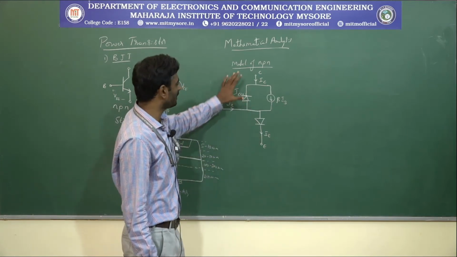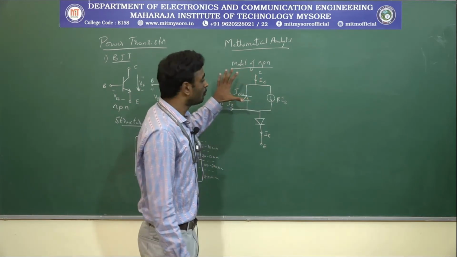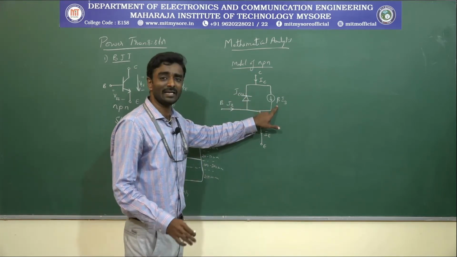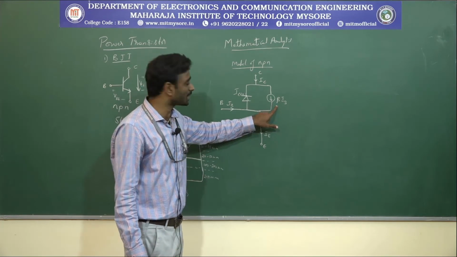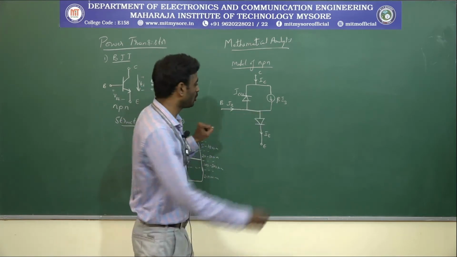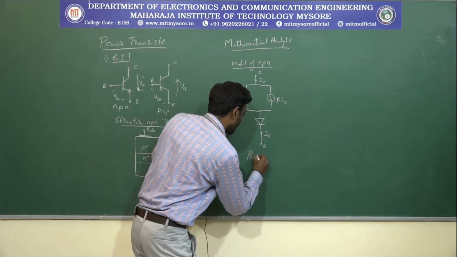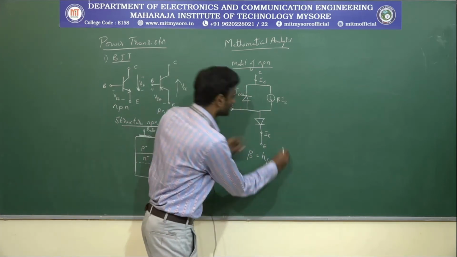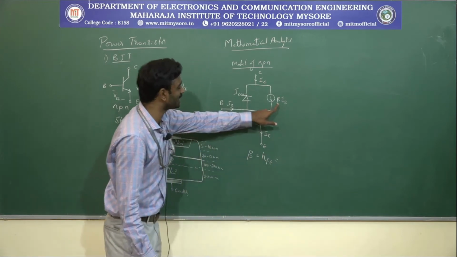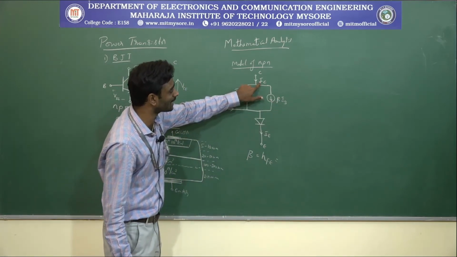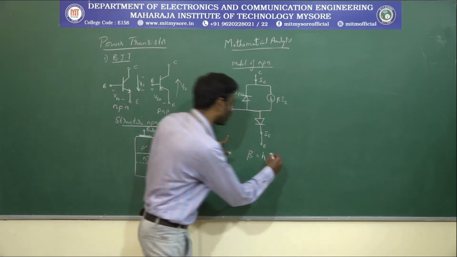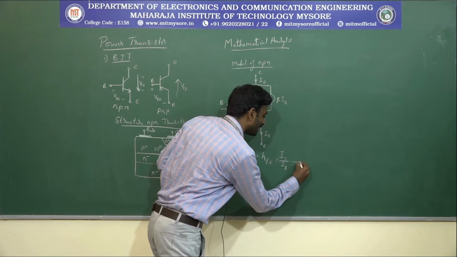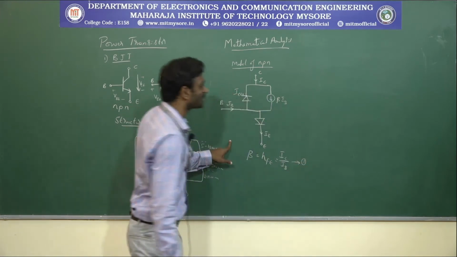So this will be the model of the NPN transistor, where the first thing I need to find out is the current flowing across the beta value. The beta value is considered as hFE. To find it, I should gather the values of the collector current and the base current. So the beta value will be IC, that is the collector current, divided by the base current. This will be considered as equation 1.